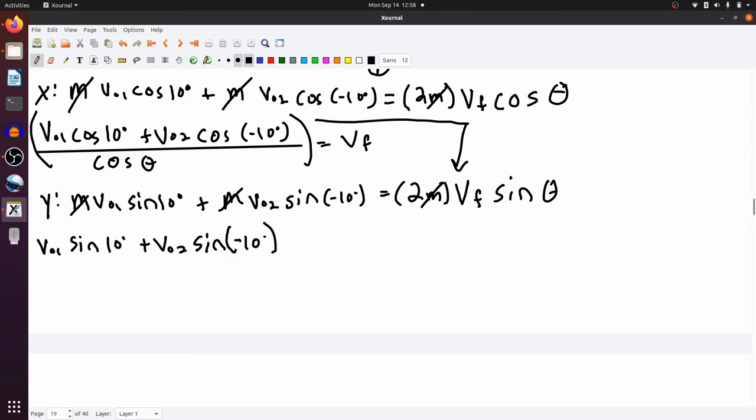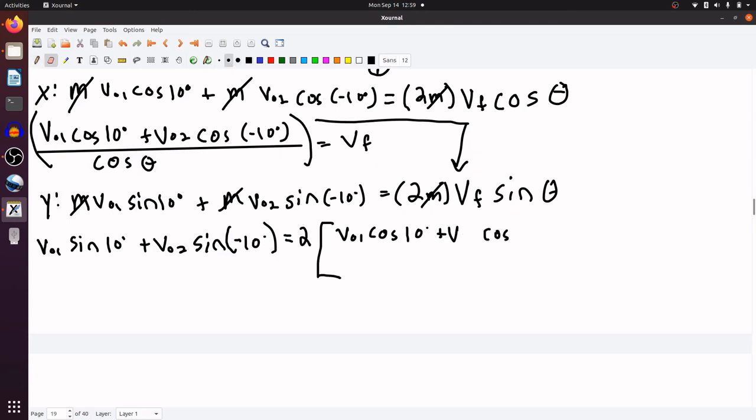And that's equal to 2 times v01 cosine 10 plus v02 cosine... I don't know why I wrote sine. Sorry about that. Cosine of negative 10.